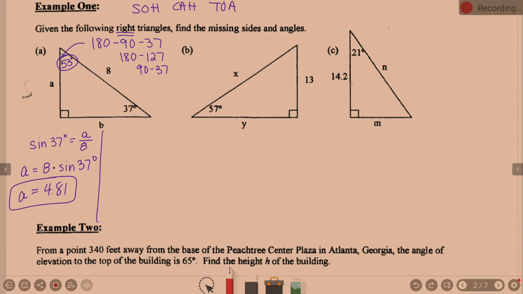Cosine. Cosine? Could we still use this 37-degree angle here? We can. And so we can look at the fact that the cosine of 37 degrees, keep in mind cosine is adjacent over hypotenuse. So cosine of 37 degrees is b over 8.